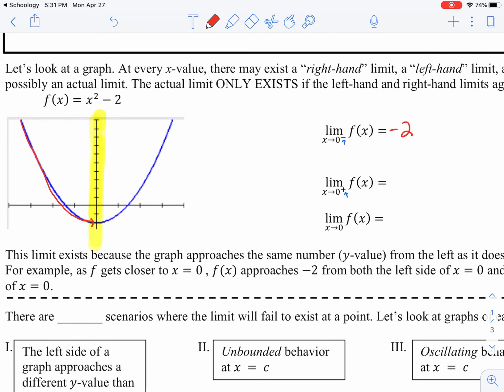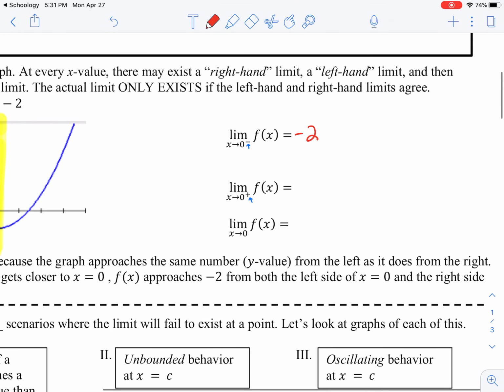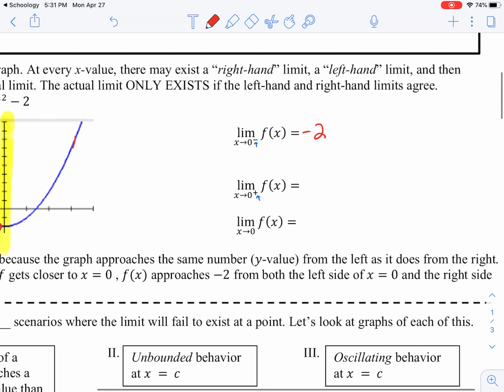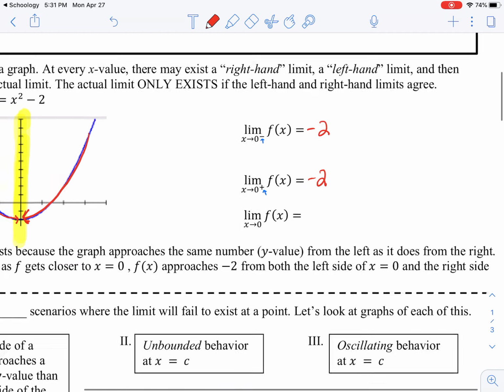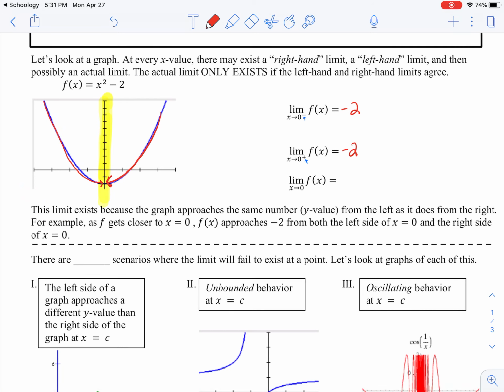So the left-hand limit is negative 2. Now you're going to approach from the right side, coming from the right towards the left, and say what y value you're approaching. It's negative 2. So since you're approaching the same y value from the left and the right, the limit as x approaches 0 is negative 2.